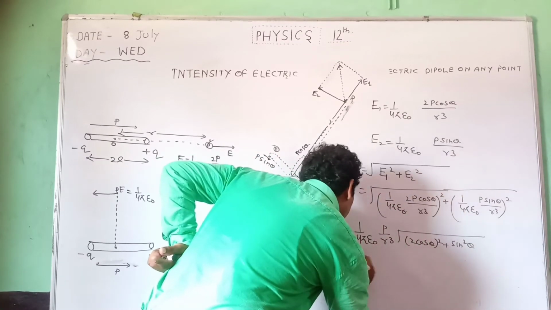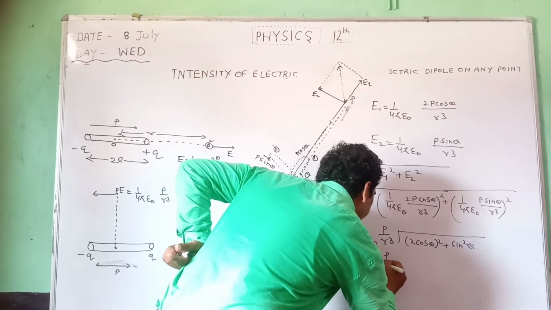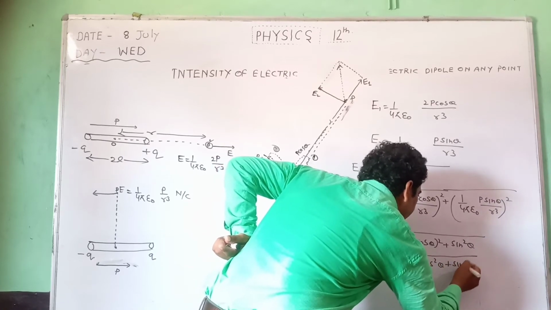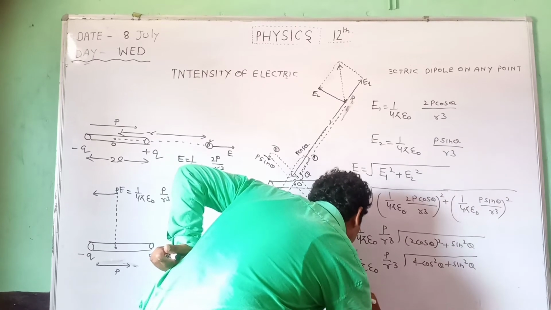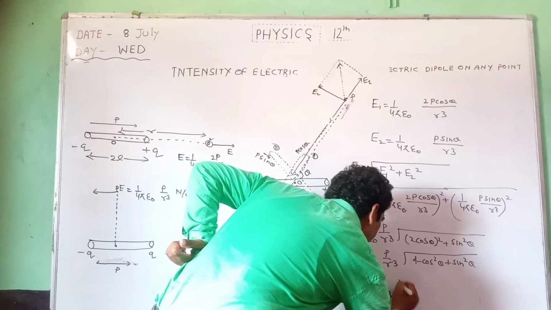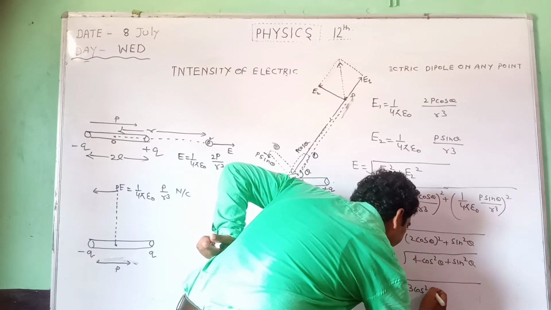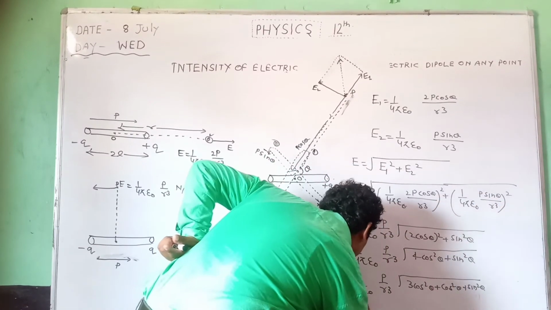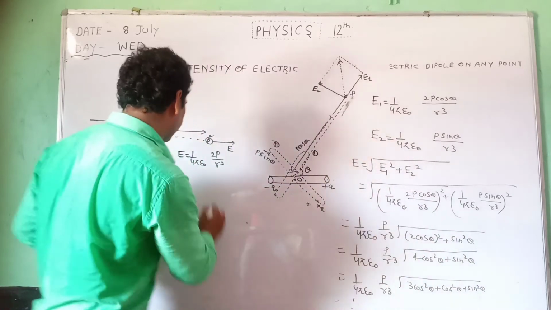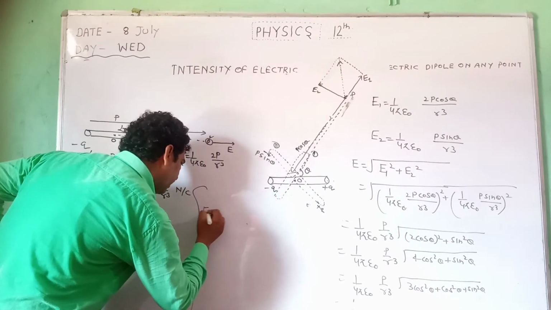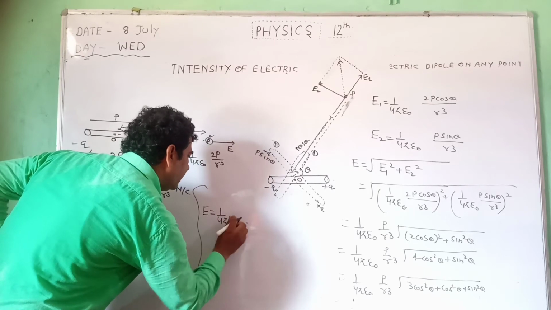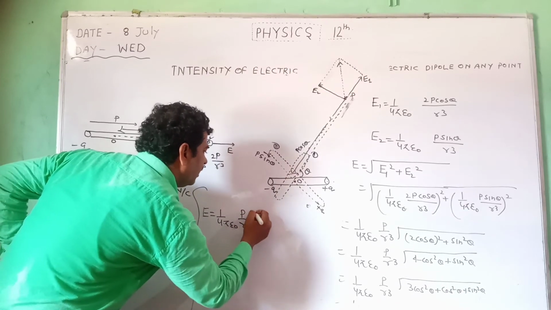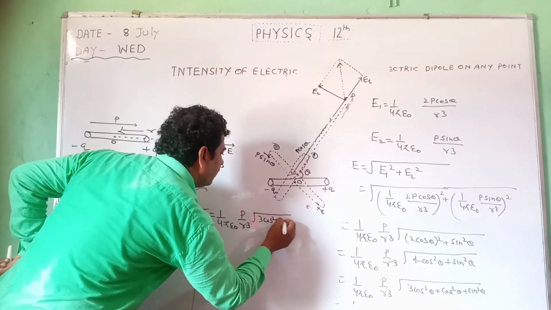My dear students, 1 upon 4 pi epsilon naught, p upon r cube, under root 4 cos squared theta plus sin squared theta, and again I will write 1 upon 4 pi epsilon naught, p upon r cube, under root 3 cos squared theta plus cos squared theta plus sin squared theta. Finally, here is the final formula: 1 upon 4 pi epsilon naught, p upon r cube, under root 3 cos squared theta plus 1.